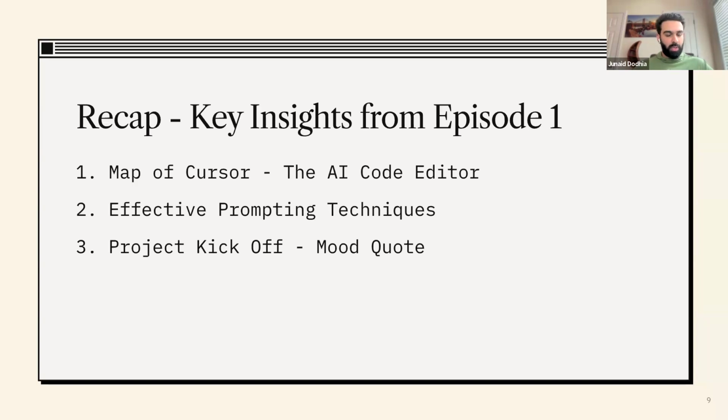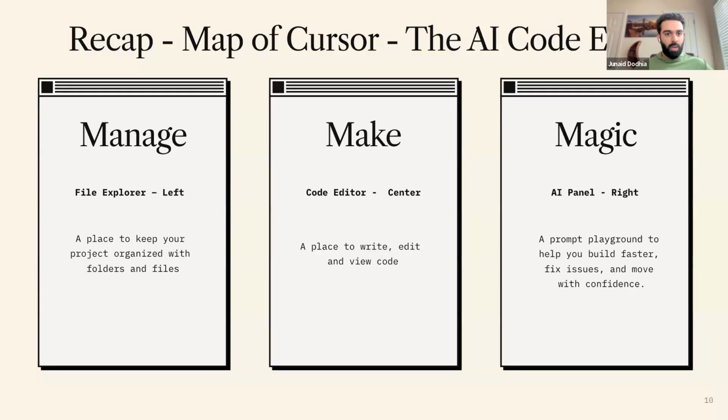Next, we'll recap the effective prompting techniques we covered last time and the prompts we used to kick off Mood Quote. This was one of the most important slides of the previous episode, where we went over a mental model of how Cursor connects with three panels.